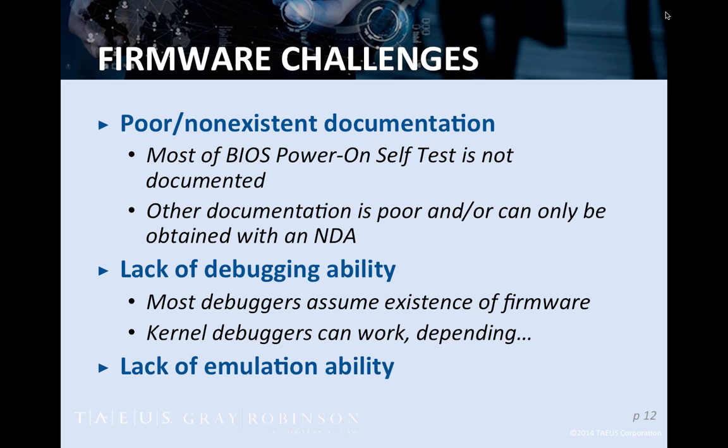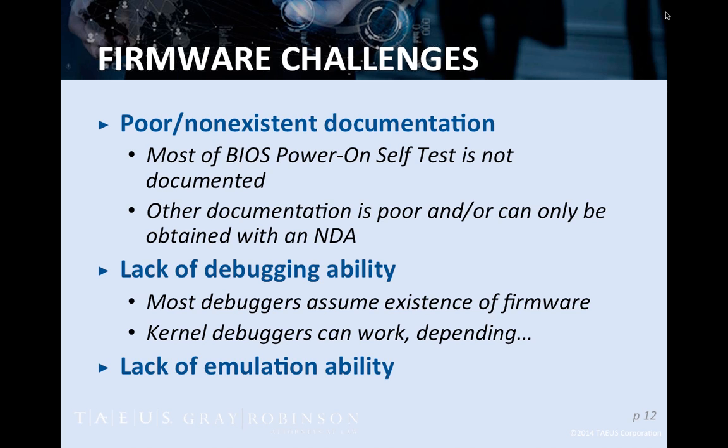A kernel debugger can be used in some cases, depending on how it works. A kernel debugger is software that's built into an operating system for the purpose of debugging applications that depend on an operating system. Windows NT, Unix, BSD, Linux, and OS X all have kernel debuggers.